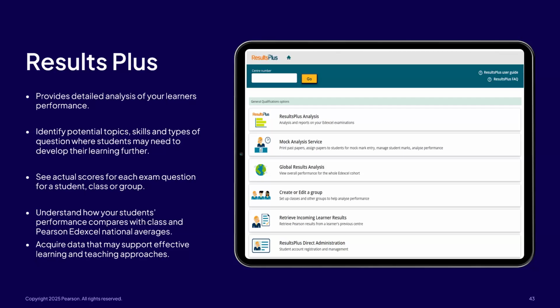What's happening here? Is there something that we need to be focusing on a bit more in the teaching and so on? So all of those things, we'd recommend we direct you to Results Plus, and that's a free to use service. You don't pay for that. That's part and parcel of being within Pearson.